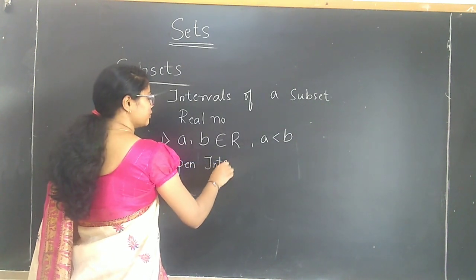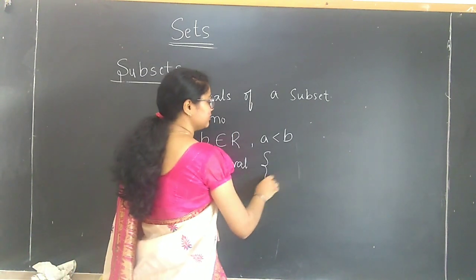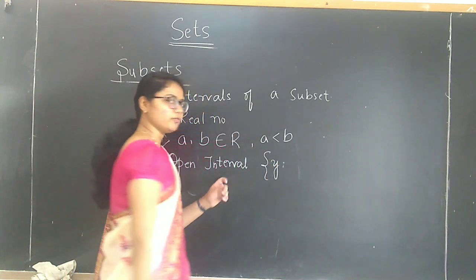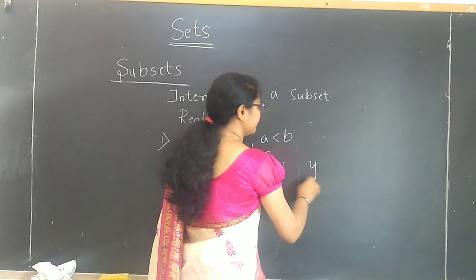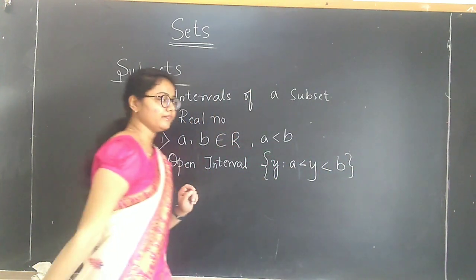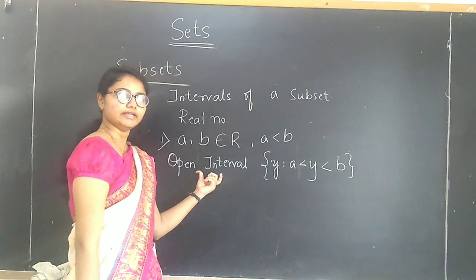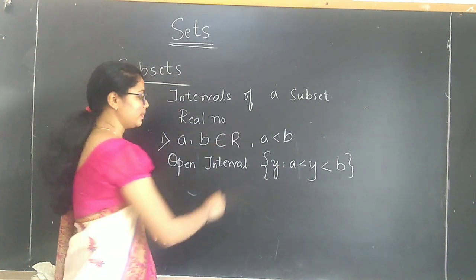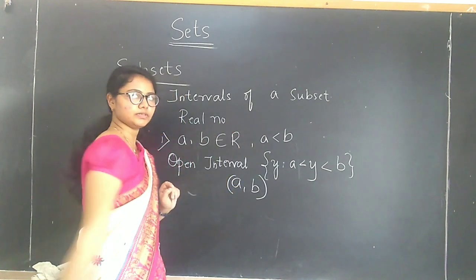Let me explain when it is called an open interval. When you take y such that y is one element which exists between A and B, then this interval is called an open interval. How do we represent this open interval? By the round brackets (A, B).